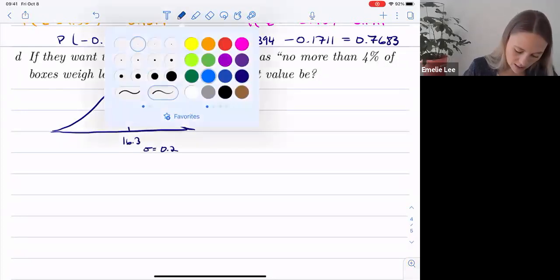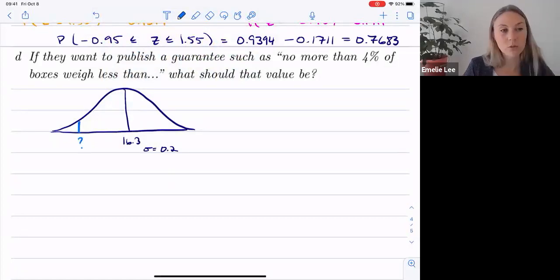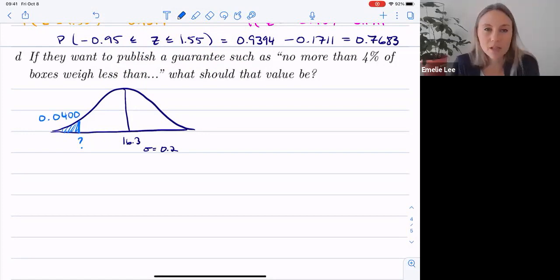So now what we want is to find some cutoff here that we don't know what it is, where we force this area to be 0.0400. Notice that I'm matching the table because the table entries always have 4 decimal places. So 4% is 0.04 and then 00.